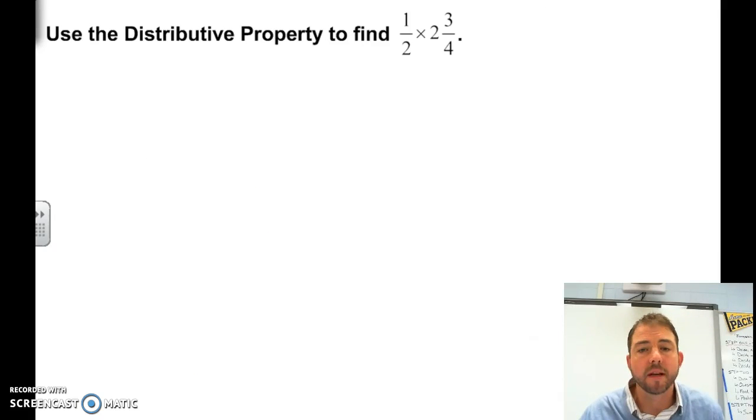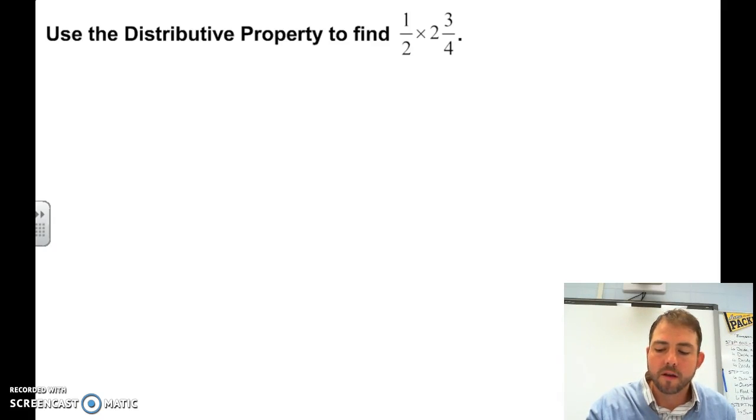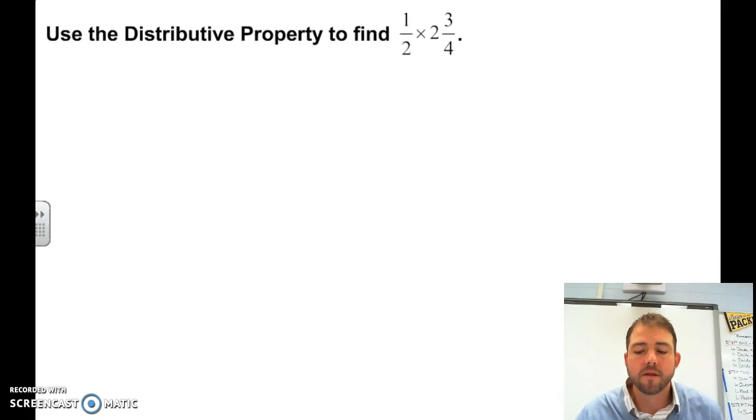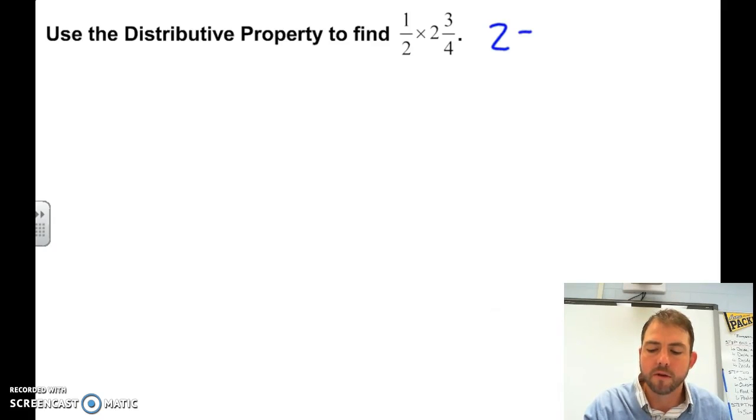Let's take a look at a different type of problem doing mental math. This would be a very difficult problem to do in your head, but at the same time, if we use those principles, it becomes more manageable. So, instead of taking this mixed number and making it into an improper fraction, we can split it apart and write it as 2 plus 3 over 4.